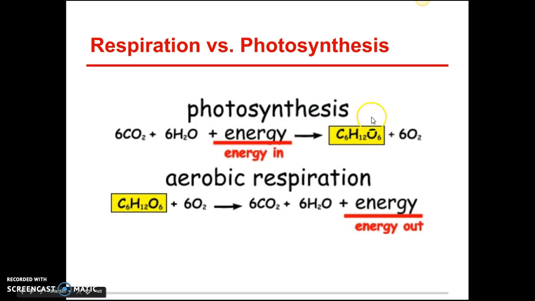And here it's stored as this molecule. And then here in aerobic respiration or cellular respiration, we start with that at the beginning, and then as we go through our reaction, the energy is released. Okay? So just a visual to help back up that idea that photosynthesis stores energy, cellular respiration releases it.